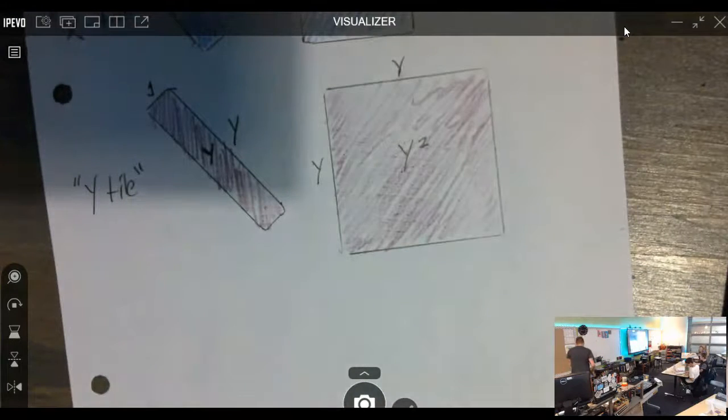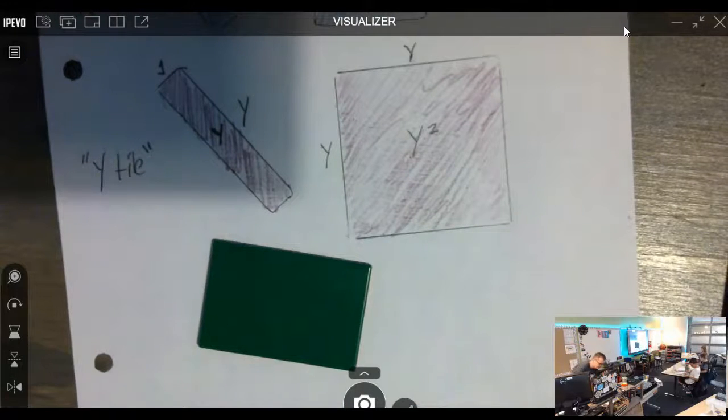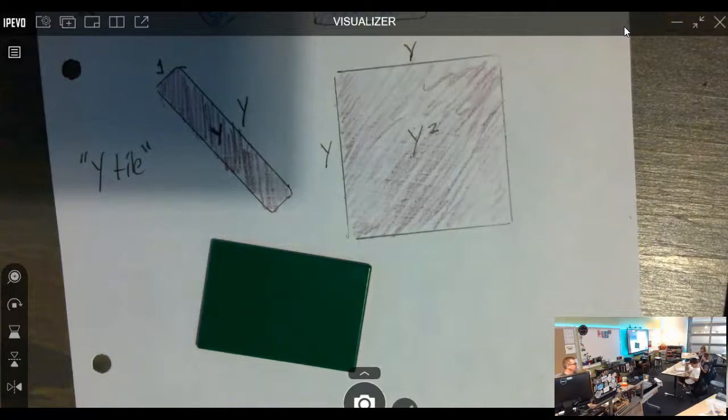All right, the last tile that you have is this green rectangle. It is not something squared, because it's not a square. I blame some of my previous teachers, because I didn't really understand language. Actually, I had a speech impediment.